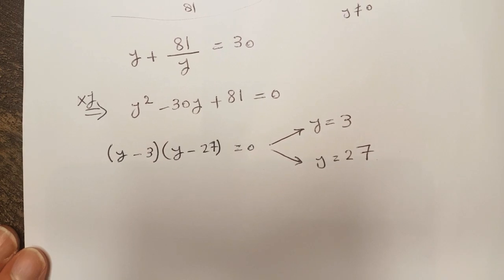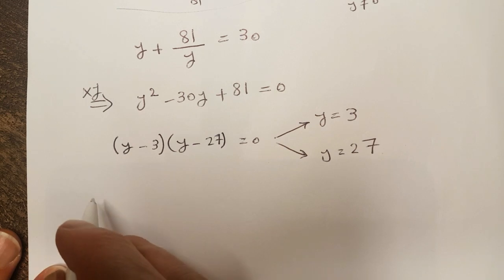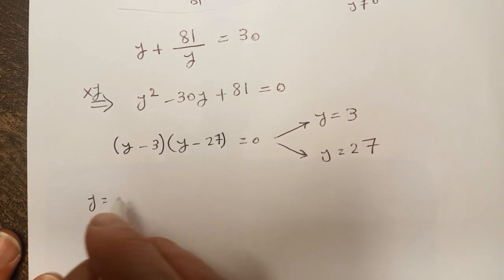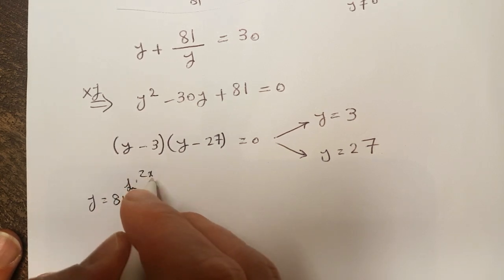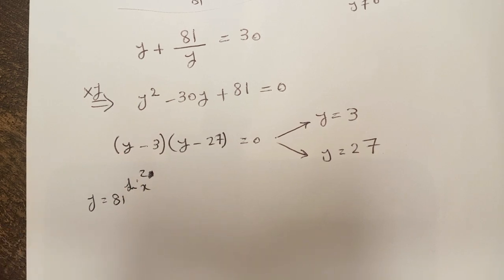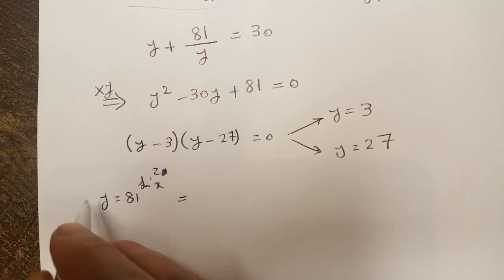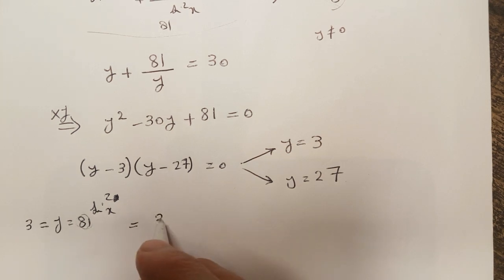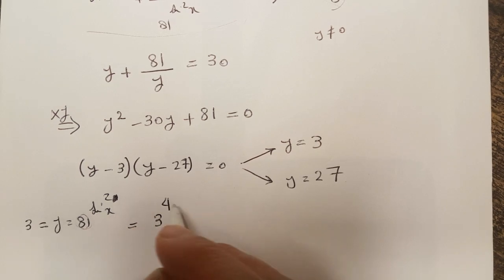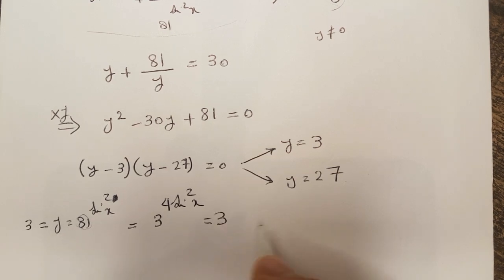So let's go back to our change of variable. We had y equal to 81 to the power of sine squared of x. So if we assume that y is 3, and rewrite this in terms of powers of 3, we will have 3 to the power of 4 times sine squared of x, which is going to be 3.